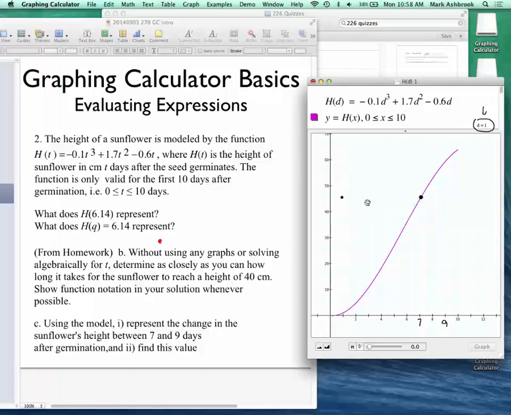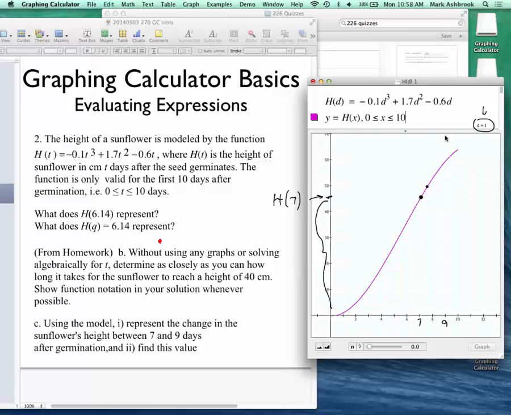To see actually what that value is, it's that number on the y-axis, which represents a vertical length from the x-axis. So from here to here, what that length is, and how do we represent it symbolically? H of 7. You should all be thinking that, even though you weren't saying anything. H of 7 is the height of the sunflower after 7 days. We see that value on the axis here, and it's this length right there from the x-axis up to that point. You could think of a segment like that, and that's H of 7.